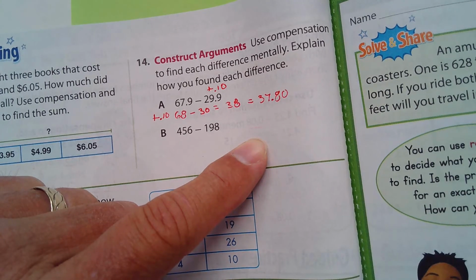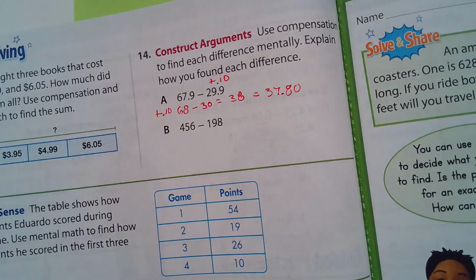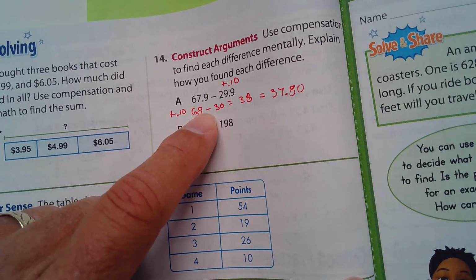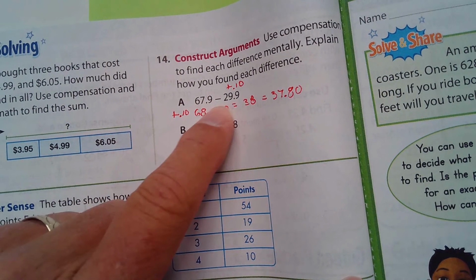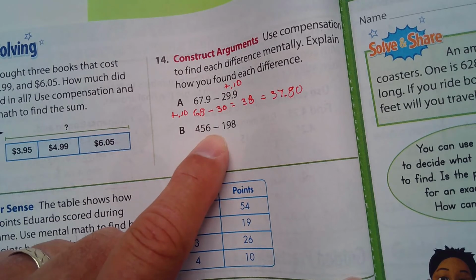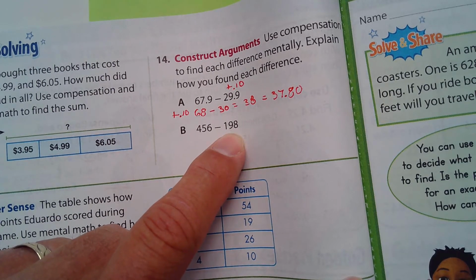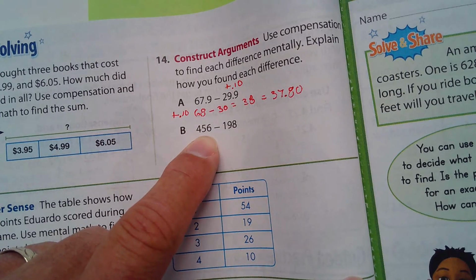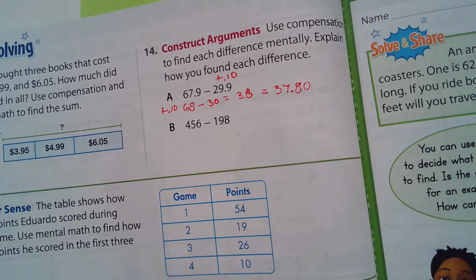Okay, see how I did that? You guys do the next one on your own. Now, when you use compensation, in this one it was easy. I used both of them, but you may only use one number, like 198. If you add 2 to it, that goes up to 200. And maybe you'd leave this one the same. All right. 15.